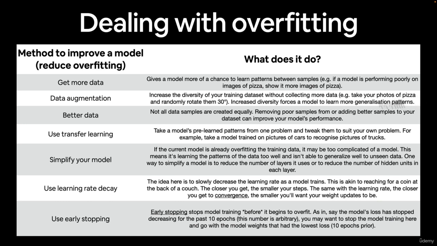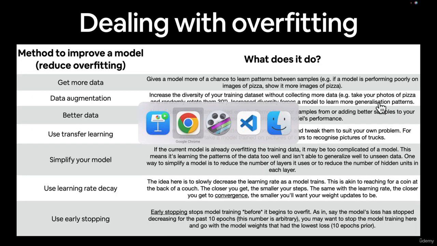So we could take our photos of pizza, sushi, and steak and randomly rotate them 30 degrees. And increased diversity forces a model to learn, or hopefully learn, again, all of these come with a caveat of not always being the silver bullet, to learn more generalizable patterns. Now, I should have spelled generalizable here rather than generalization, but similar thing.